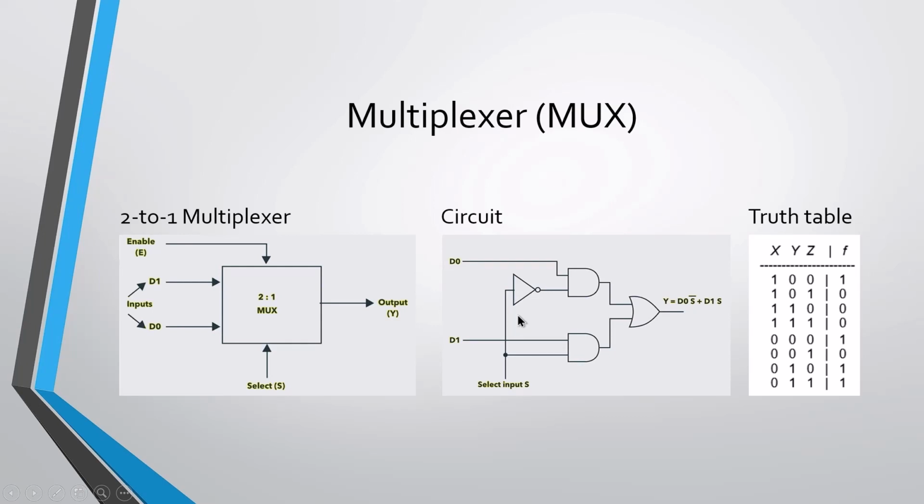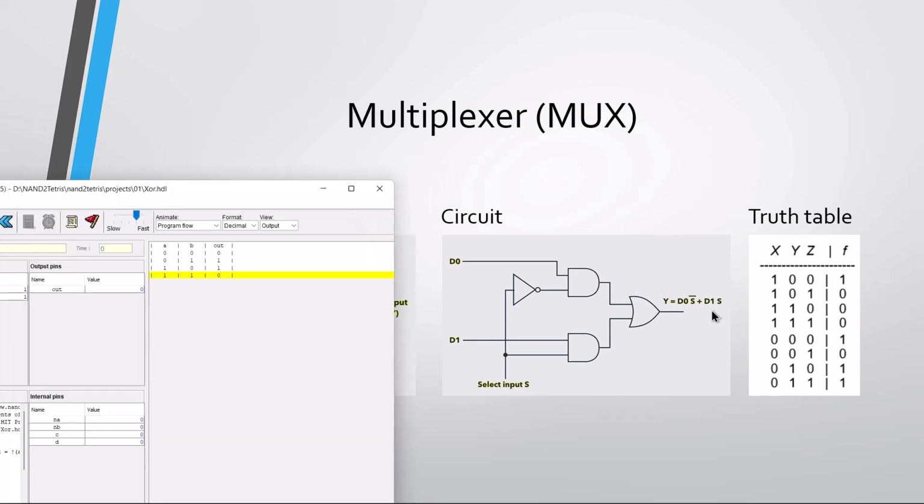Next, multiplexer. A multiplexer selects an input from several inputs, then it is transmitted in the form of a single line. An alternative name of the multiplexer is MUX or data selector. This is the block diagram, circuit and truth table, and the simulator.